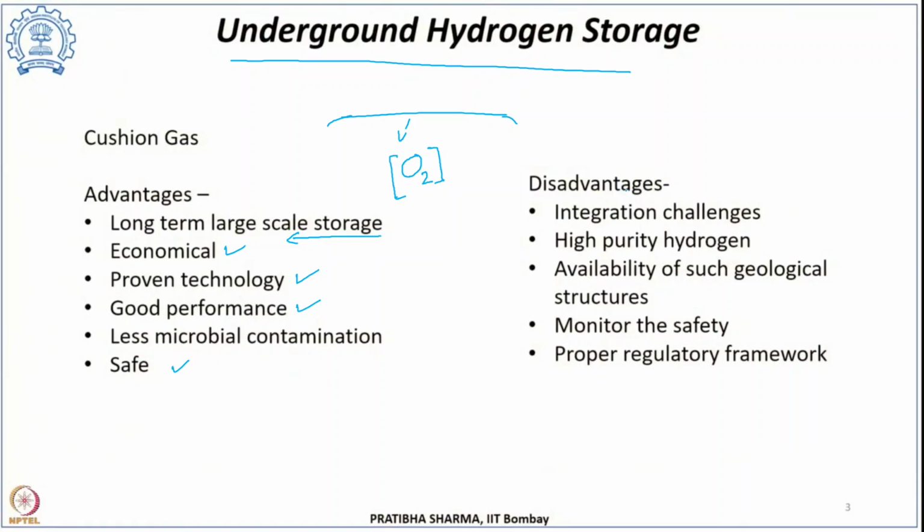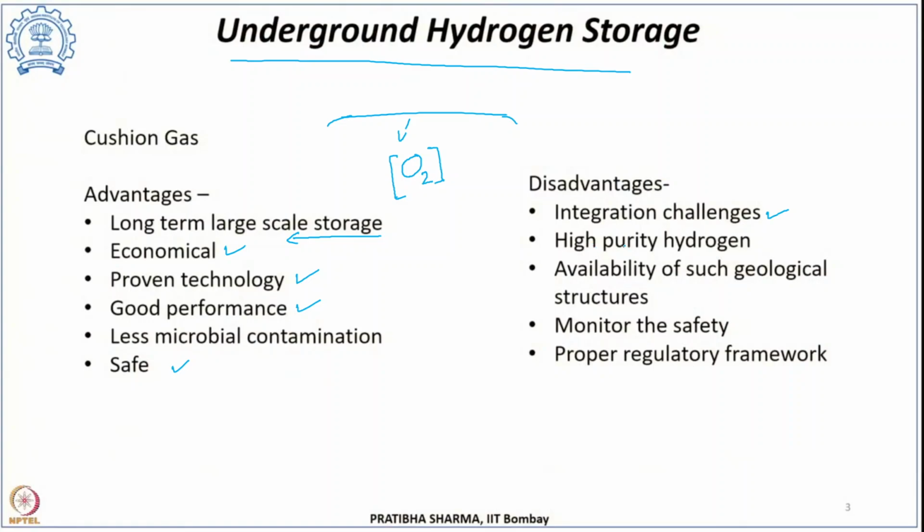What are the disadvantages? The integration challenges are very difficult. Integration challenges means that the construction of this type of underground storage system is very difficult. It is difficult to get high purity hydrogen because it involves several steps of injection of the hydrogen and removal of the hydrogen from the storage.